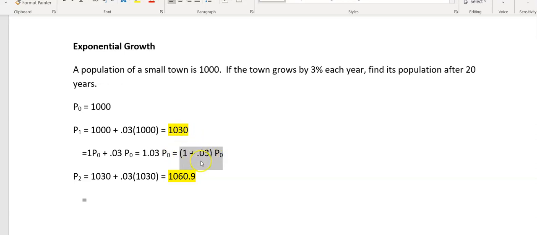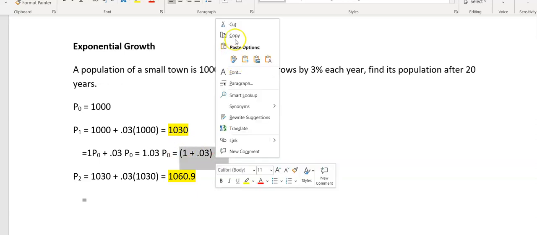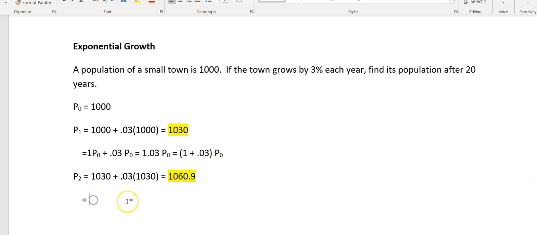So I am going to copy this in place of 1030. And then also, right here, I have 0.03 times 1030. So I'm going to, again, copy what I just had instead of the 1030.